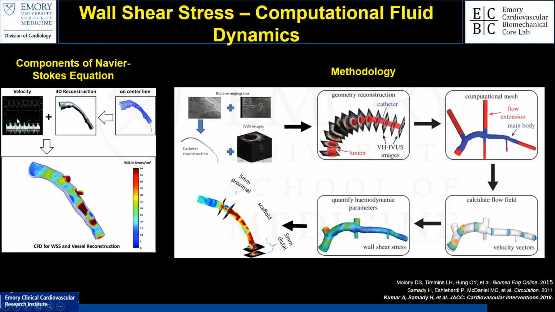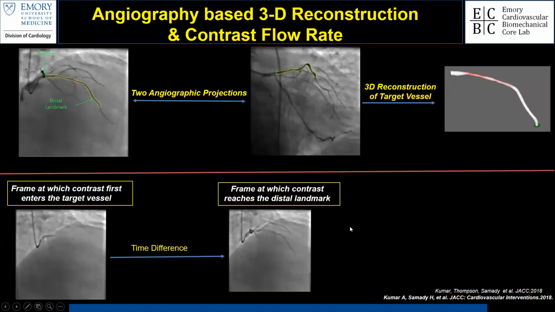Now, the velocity profile can be calculated by placing a ComboWire in the vessel. We can then use angiographic images to create a centerline of the vessel. Then IVUS frames are stacked on the centerline to create an accurate boundary condition. We then use computational fluid dynamics to compute shear stress.